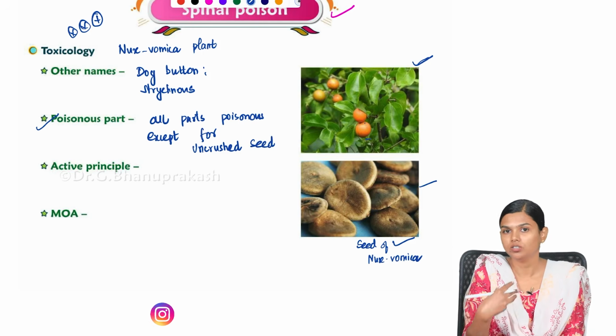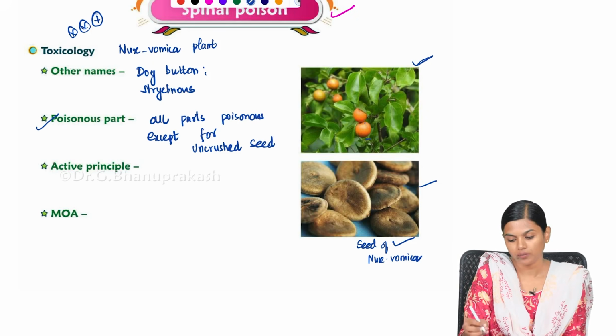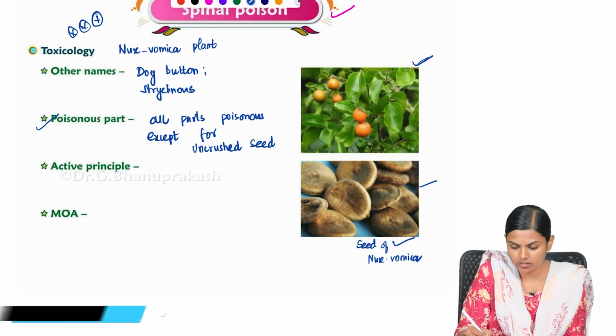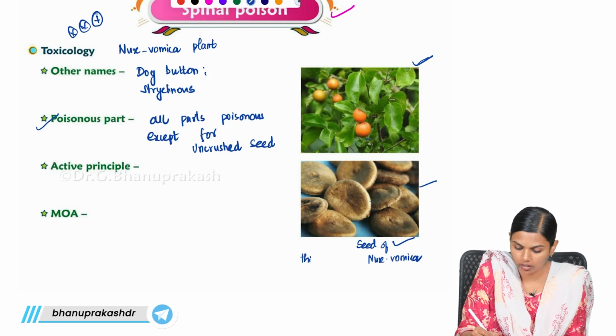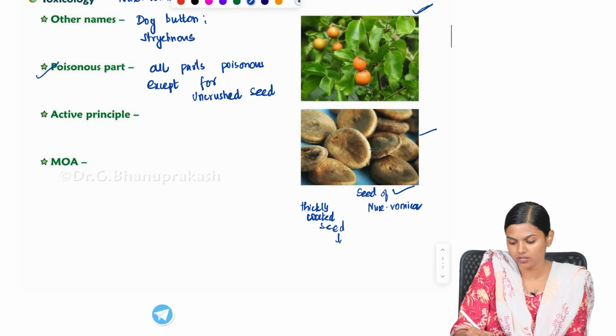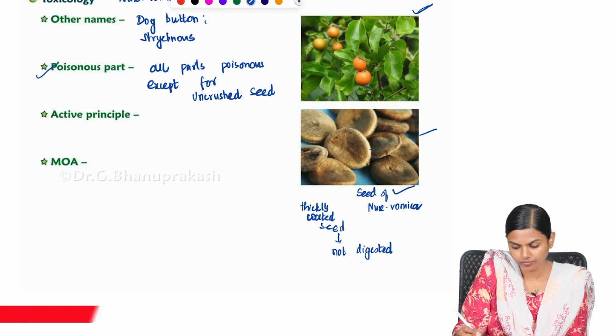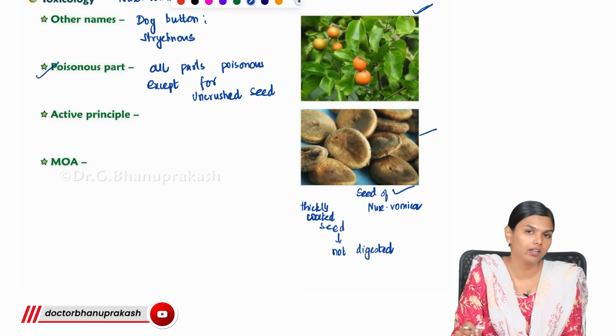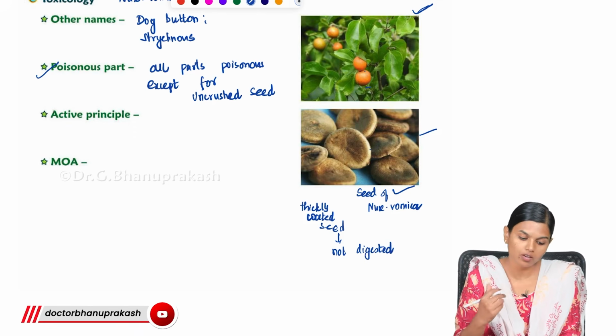But if you just swallow the seed without crushing, you will not die. Why is that? This seed has a thick coating, and it will not be digested. Because of that, you will not get any alkaloid release and there will not be any poisoning.